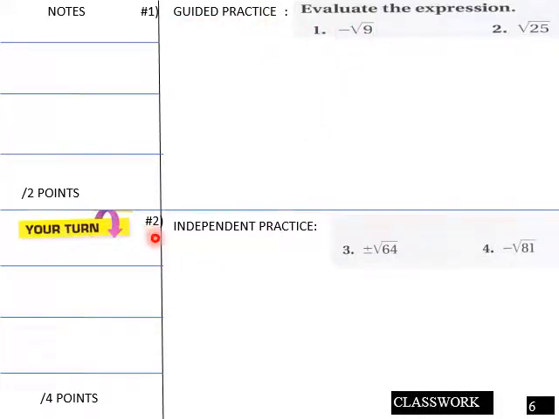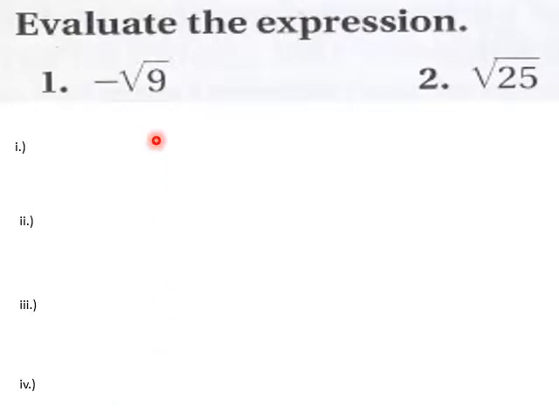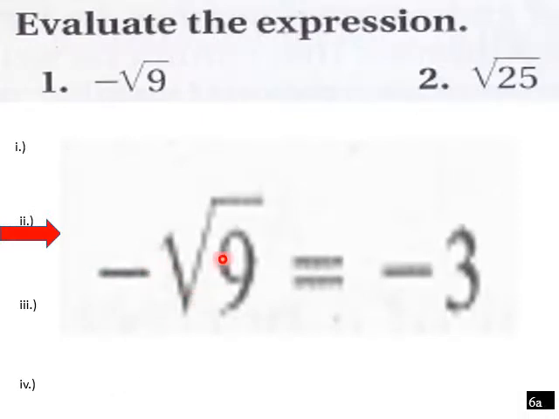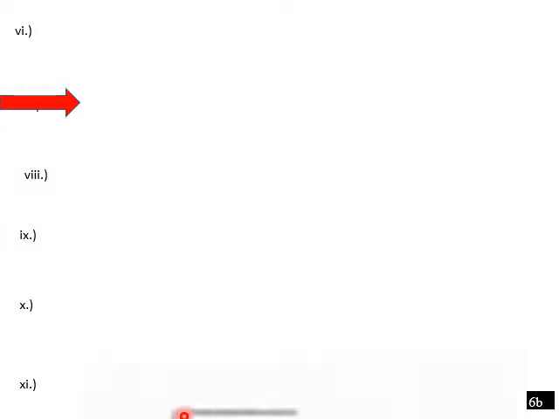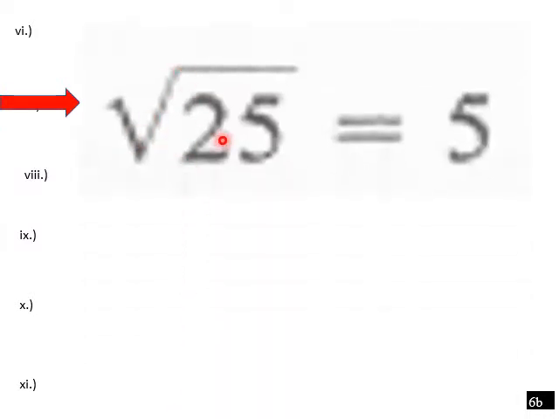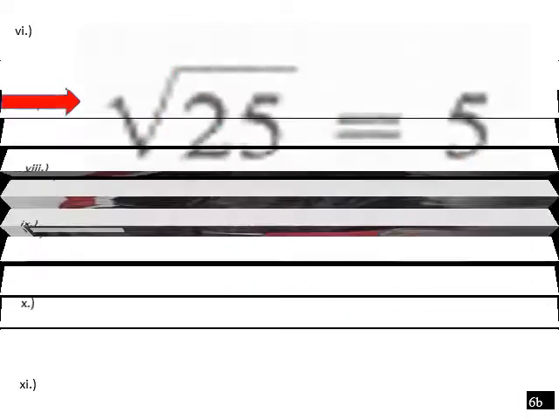Evaluate the expressions. The independent practice, that's you students, that's for you to do. Evaluate the expression: the square root of negative 9. The negative of the square root of 9 is negative 3. And then the square root of 25 is 5.